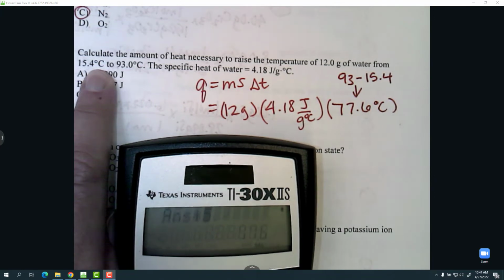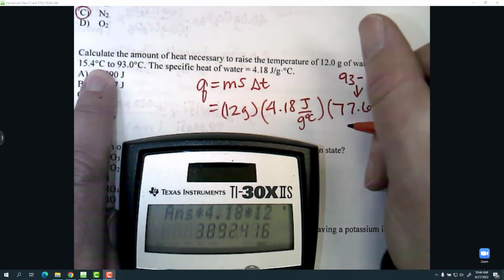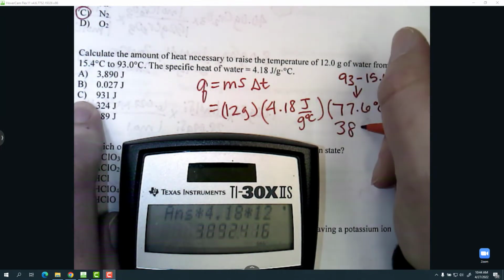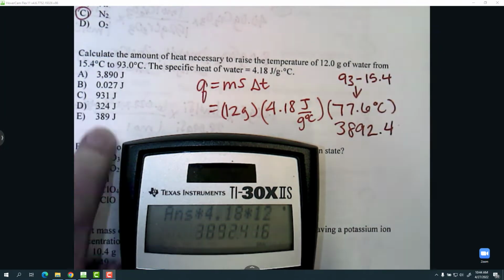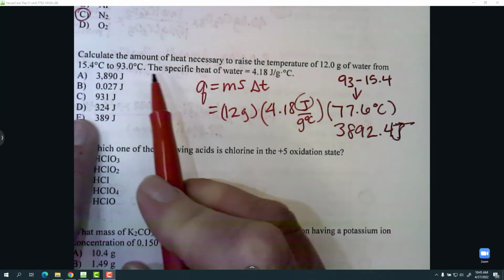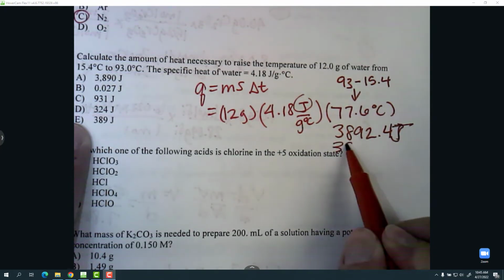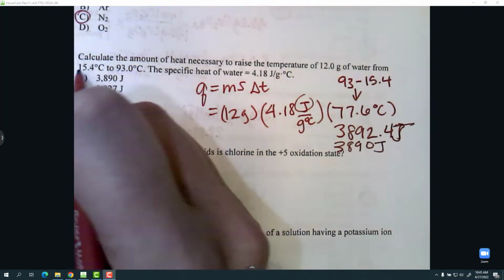So I'll just multiply that up together. 3892.4. My units here would be joules. You can see that that doesn't exactly match any of my answers, but to 3 sig figs, 3890 joules, it does.